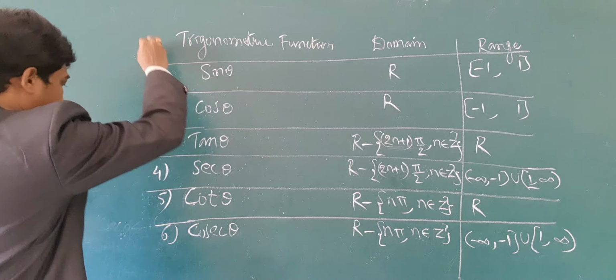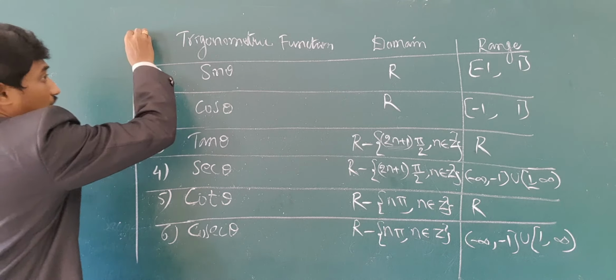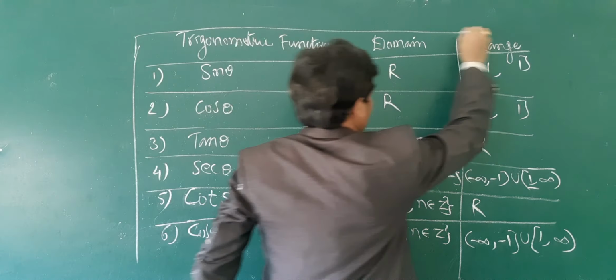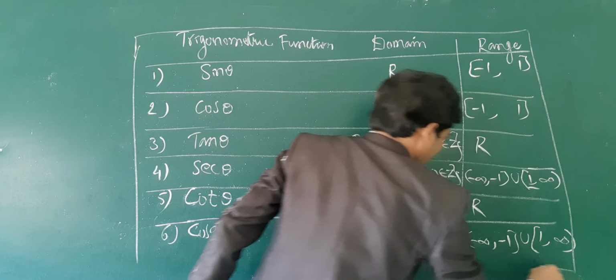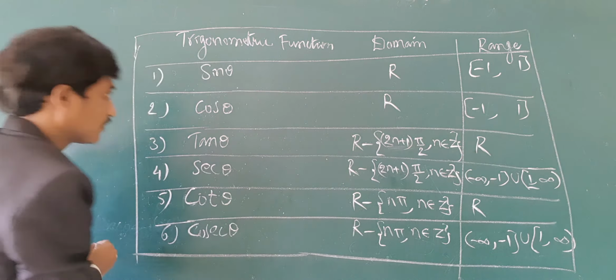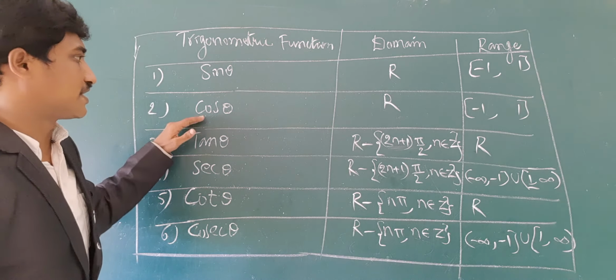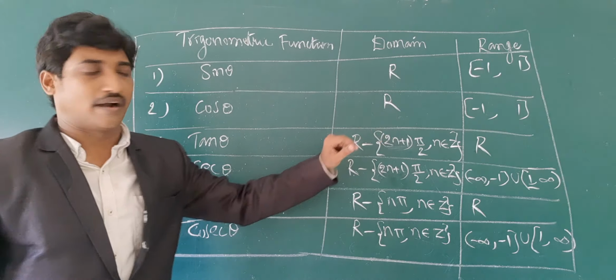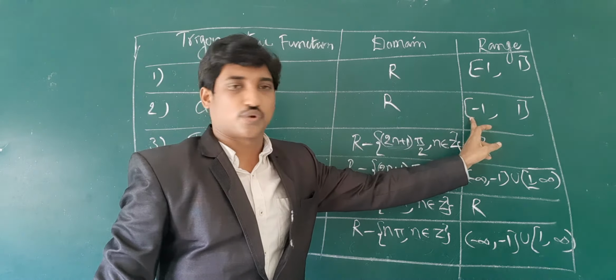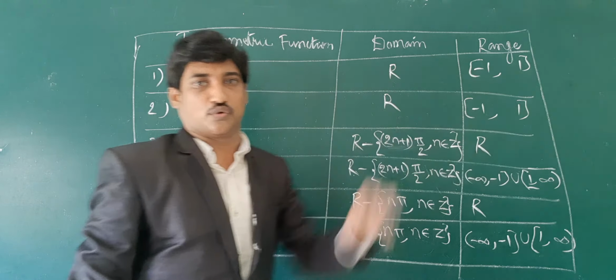So these are the domains and ranges of different trigonometric ratios. Sin theta: domain is R, range is closed bracket minus 1, 1. Cos theta: domain is R and range is minus 1 less than or equal to cos theta less than or equal to 1.